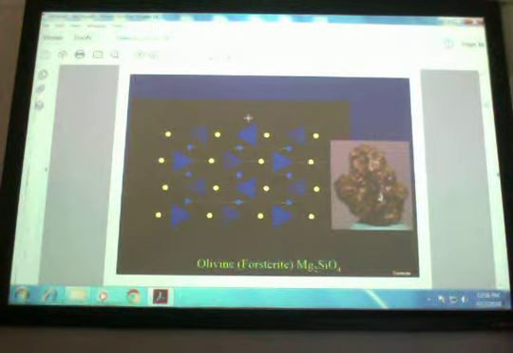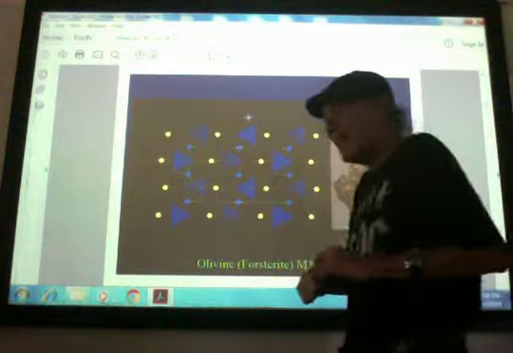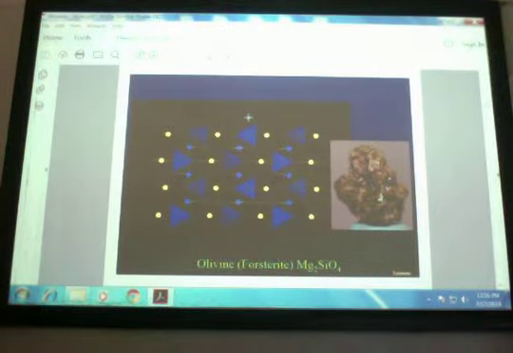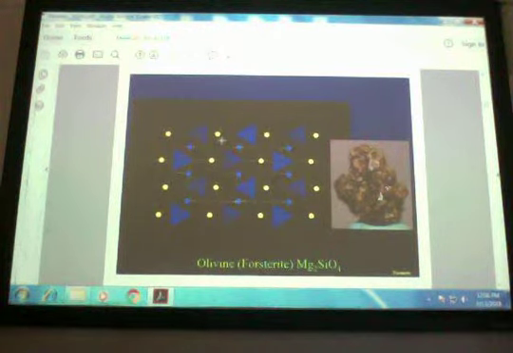Which element can you put in instead of the magnesium, which also has 2 electrons in the outermost shell and is roughly the same size as magnesium? It could be calcium, but then we would not make a fayalite, then we would make a hedenbergite. So which other element can it be? But you are right, it can be calcium.